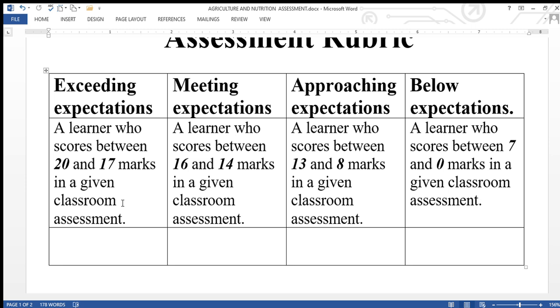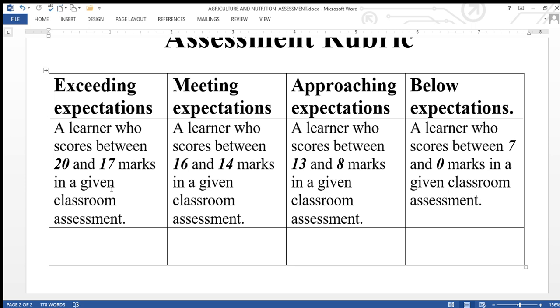So if you get 13, 12, 11, 10, 9, 8, you are in the approaching expectation.